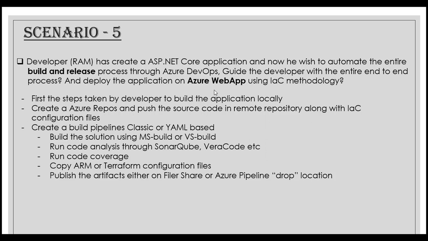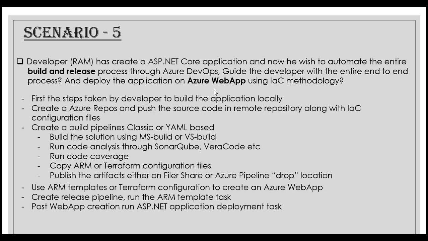So in Azure, you can publish the artifact, the output file, either into a file share server if you don't want to put it on cloud, or you can put it on the Azure pipeline drop location. That's a container wherein you can put it, and from where my release pipeline can access. Okay. So that is about build: building the solution, running code analytics, running code coverage, copying configuration files, and publishing an artifact.